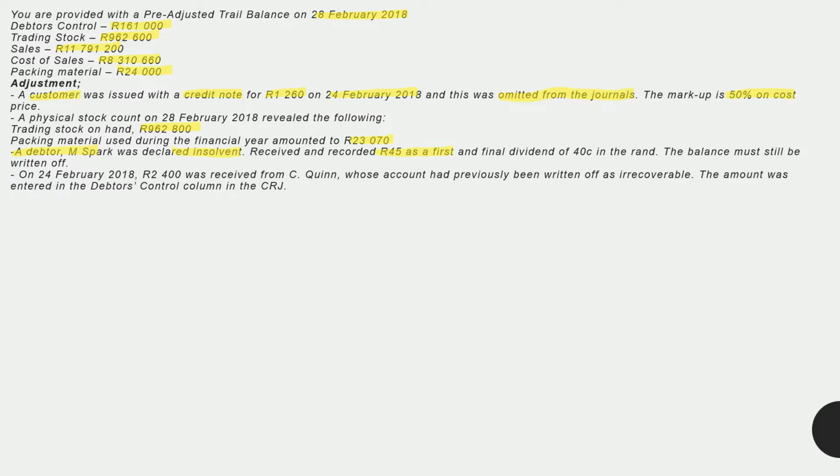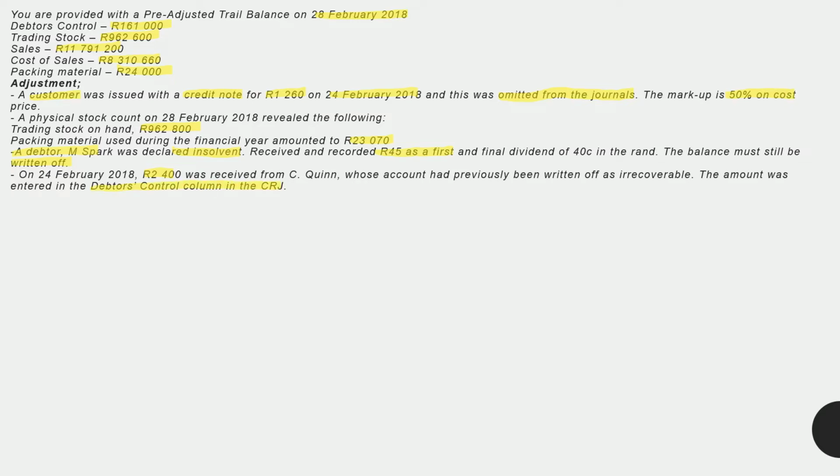The balance will be written off. Then on 24 February 2018, 2,400 was received from C Queen, whose account had probably been written off as irrecoverable. The amount was entered in the debtors column of the CRJ.